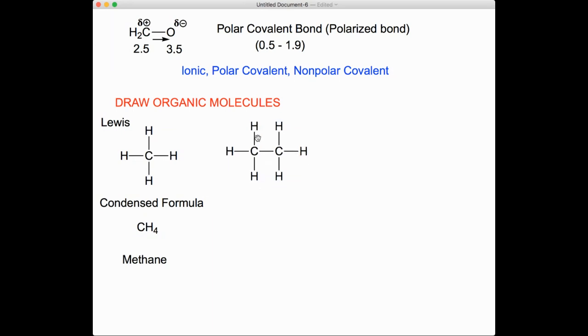Now, the condensed formula for this molecule will be CH3CH3. The number 3 is subscript, okay? That's called ethane.